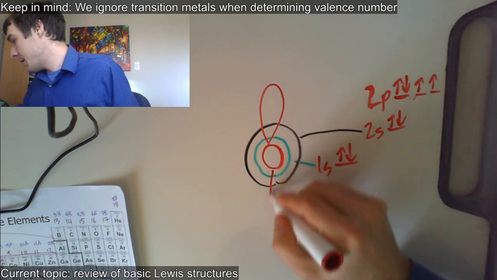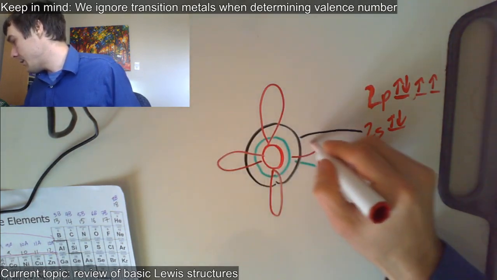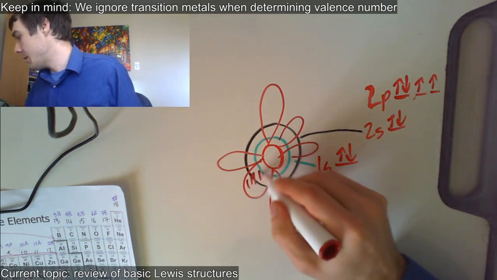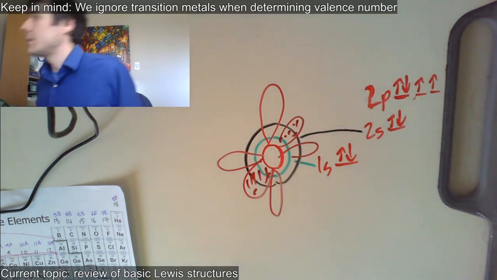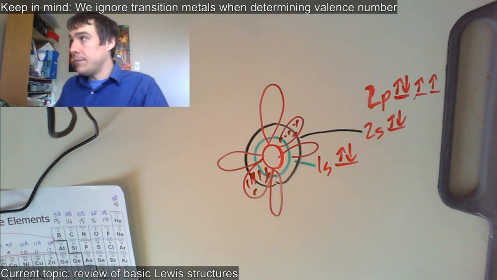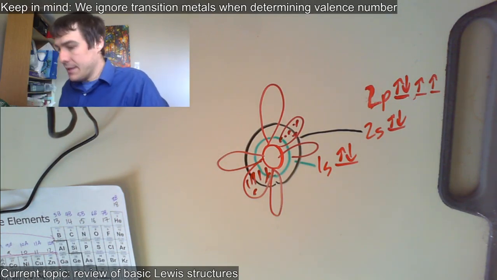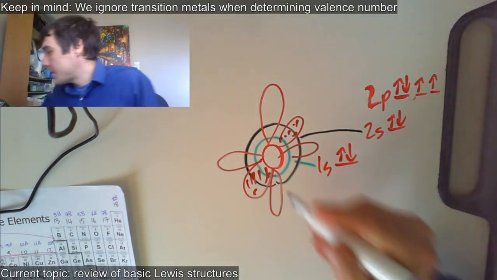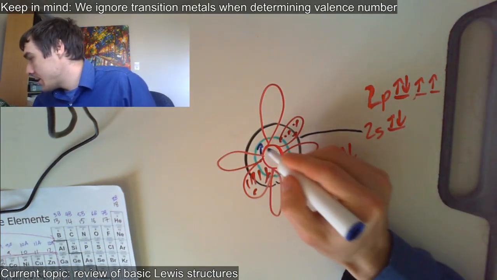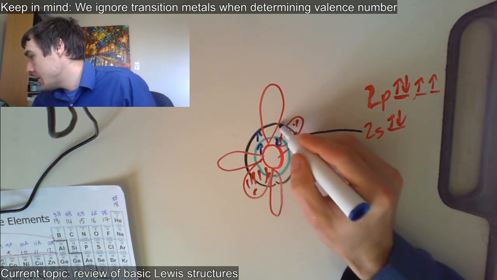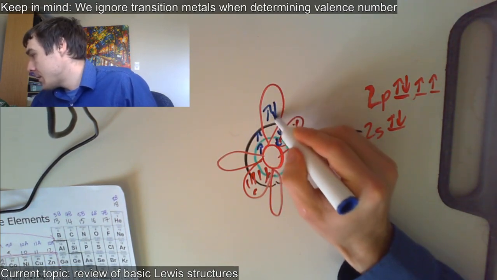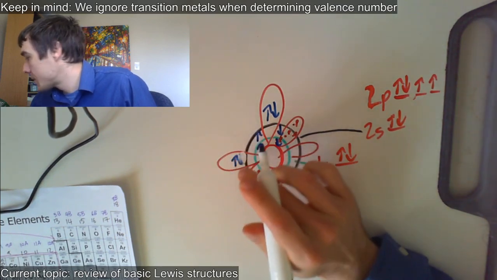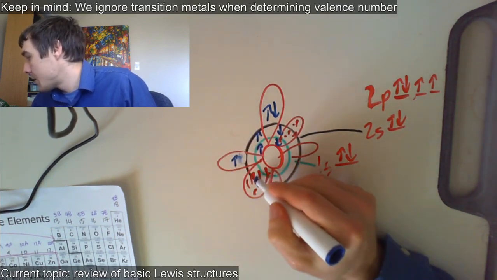There's an up and a down, there's a left and a right, and there's an in and an out. So theoretically, this oxygen has 2 electrons there, 2 electrons there, 2 electrons here, 2 electrons here, and 2 electrons here, 1 electron here, and 1 electron here.